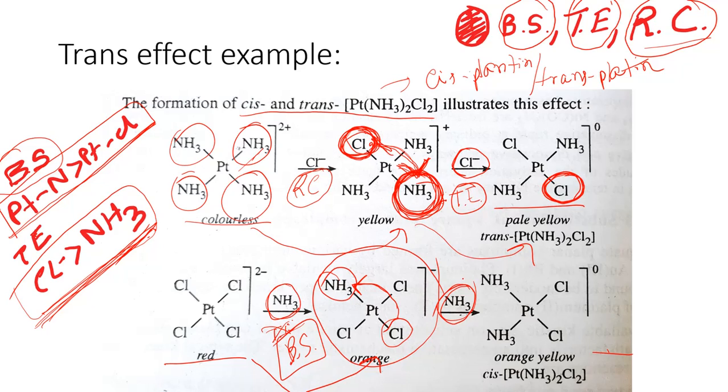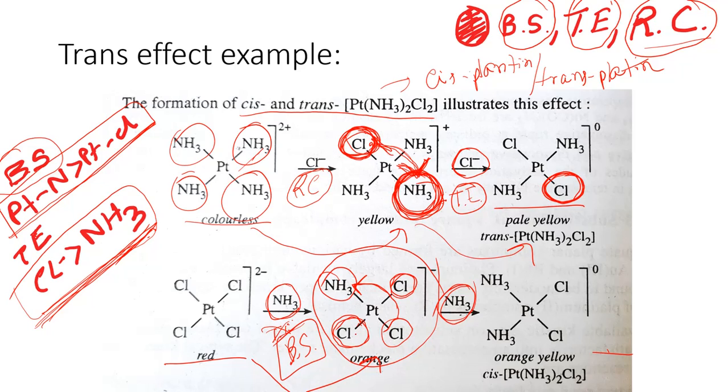But we are not trying to get that product, we are trying to get cisplatin. For cisplatin, this platinum-chlorine bond should be broken, and instead of that bond one platinum-nitrogen bond should be formed.